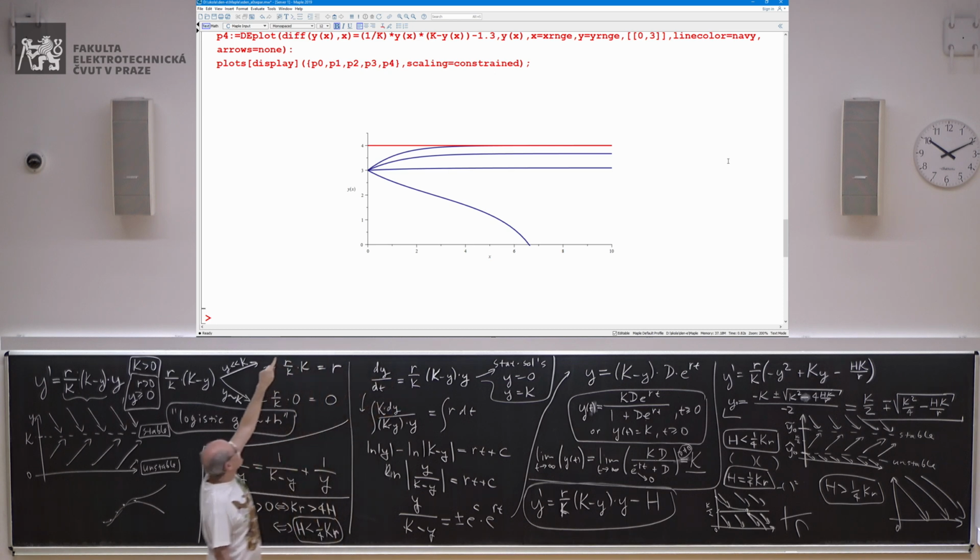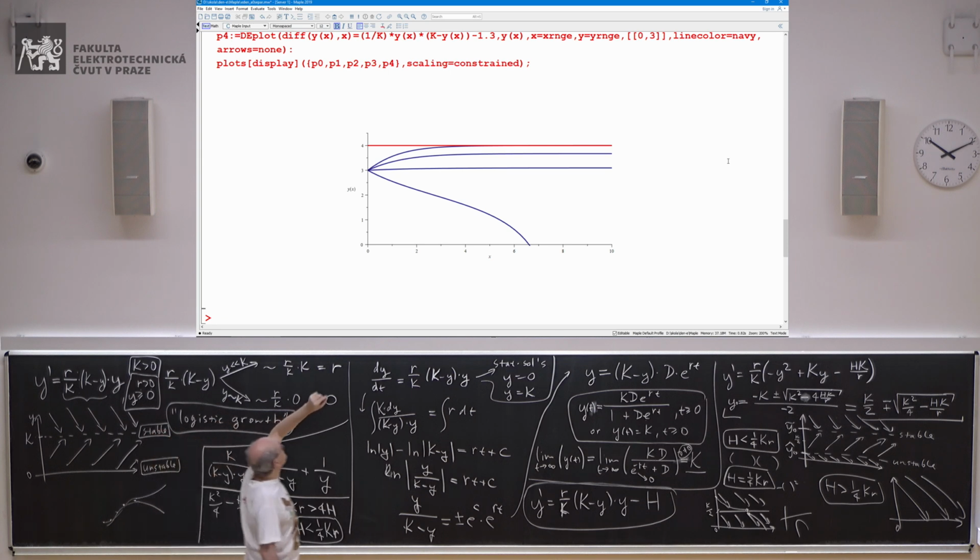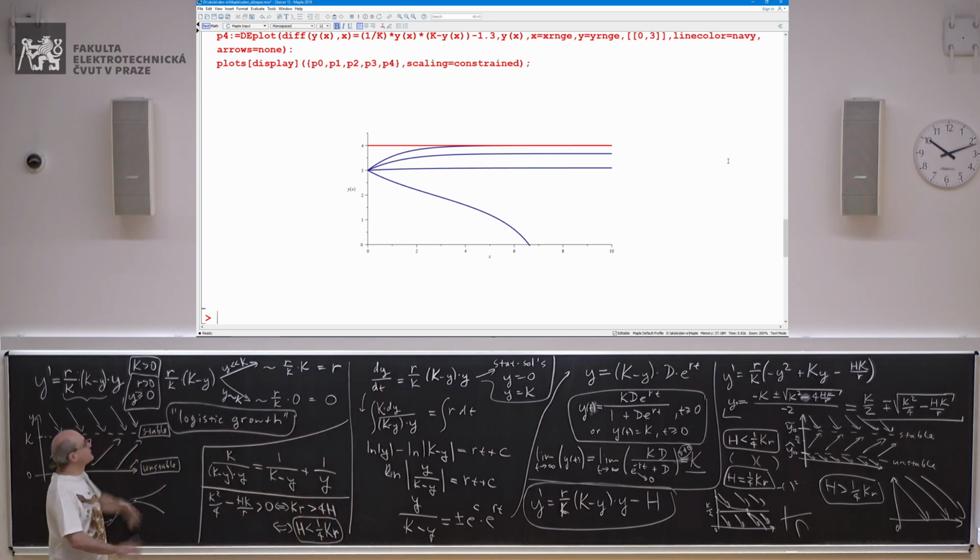I start with some population, and then I tried different harvesting levels. And you can see that for small harvesting, the population went up, sometimes quickly, sometimes slowly to this level, this carrying capacity. But if I overcooked it with harvesting, the population dies out. Okay? So that's the outcome of the computer trying to solve this differential equation.